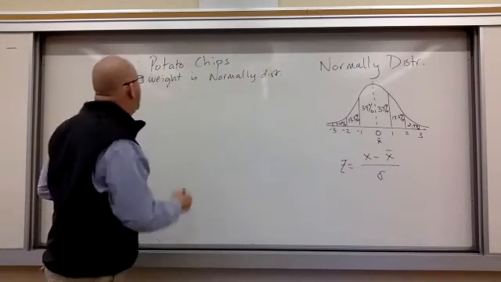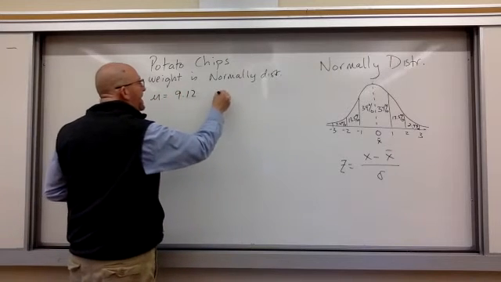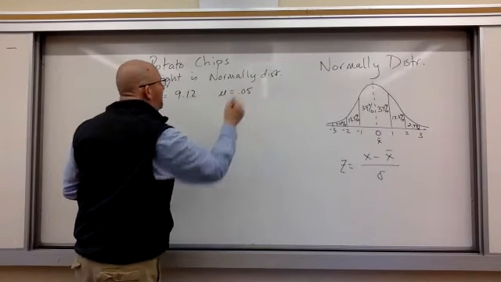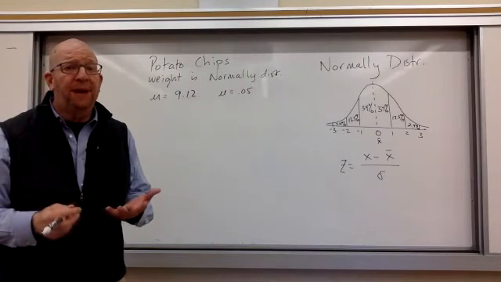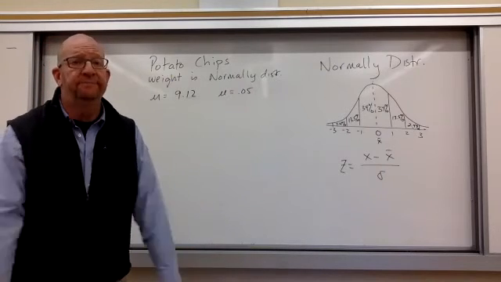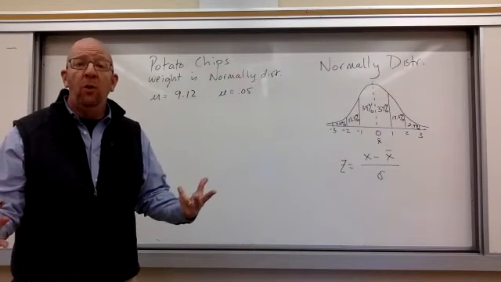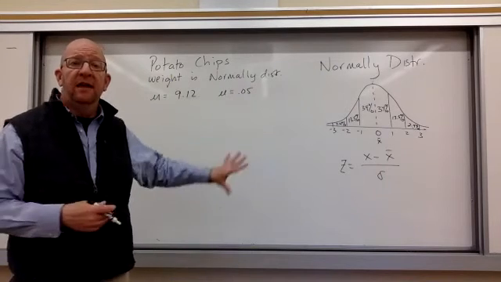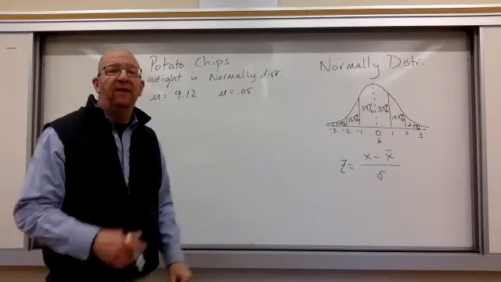We're going to give you a mean of 9.12 and a standard deviation of 0.05. Now look, I am sure that the potato chip bag probably says 9 ounces. But we magically know in a factory that this is the average weight with a standard deviation of 0.05.